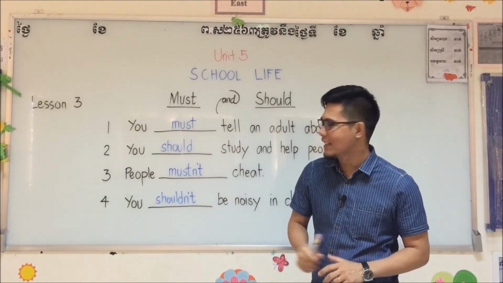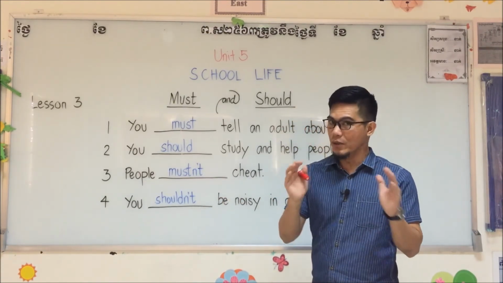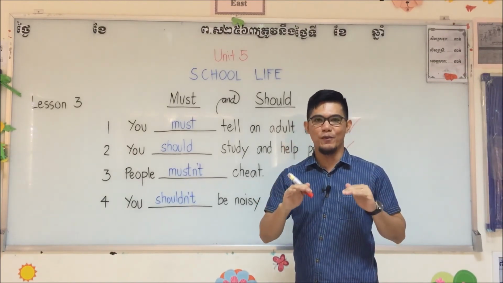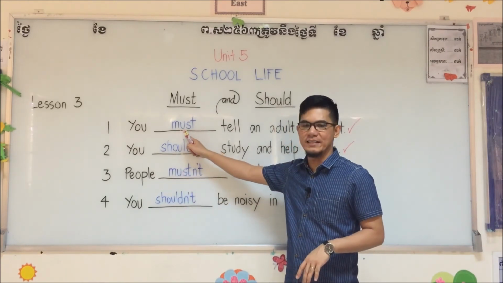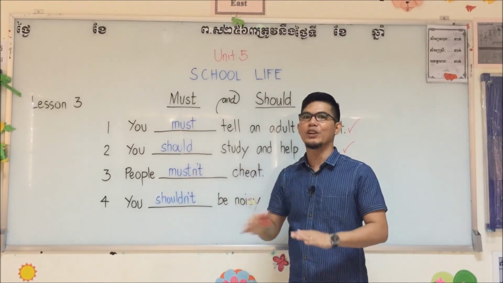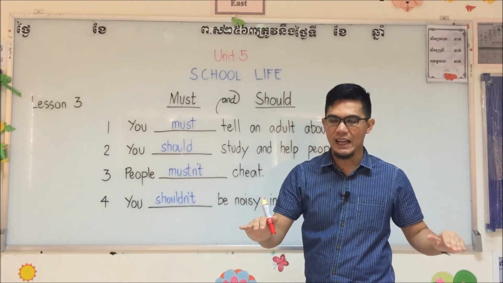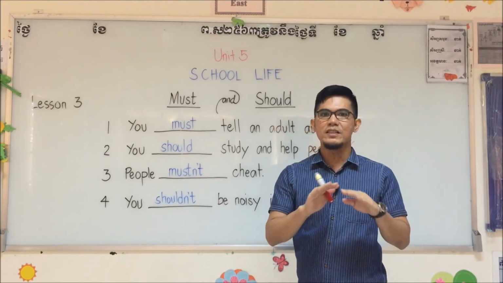Mustn't. It's a rule, but written in a negative form. That's why we use mustn't instead of must. Meaning you're not allowed to. You mustn't do that. Otherwise, something might happen so badly.